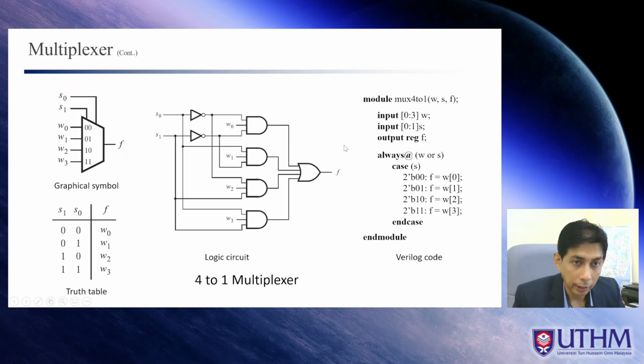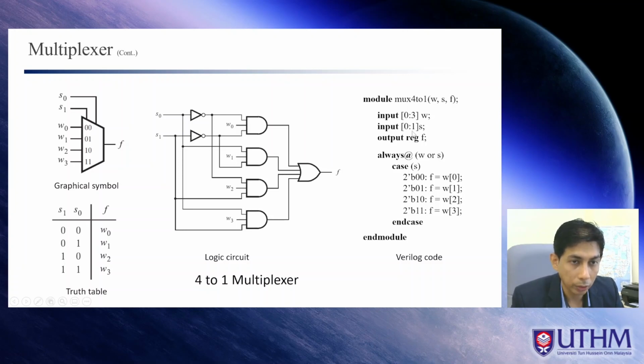Now, the interesting part is that the input W here is 4 bit, so we can write it like this to represent 4 bits of W. It means that for W we have W0, W1, W2, and W3 in the form of a vector like this.